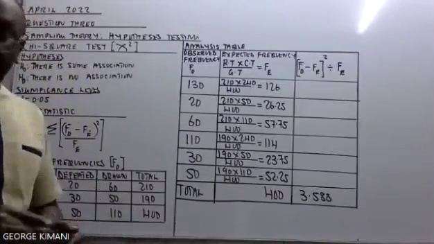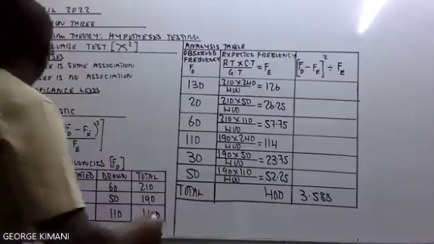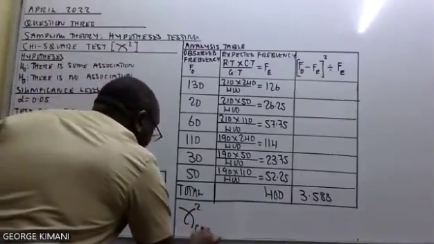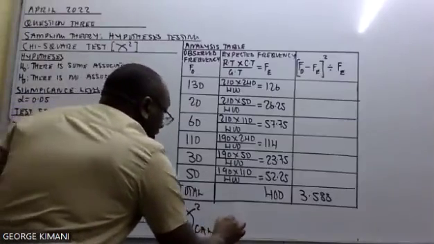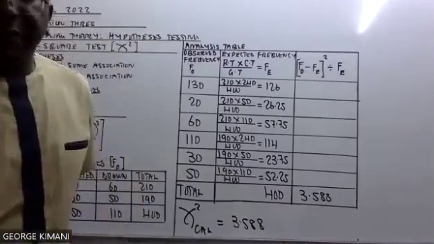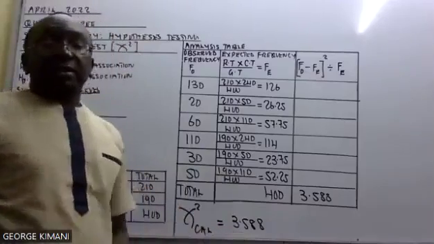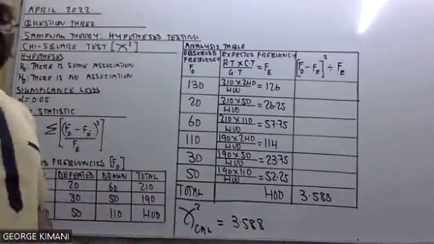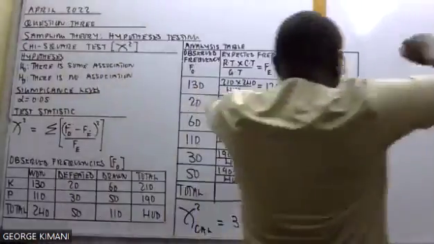So now you come here and tell us chi-square calculated is 3.588. Or if you have gotten a different one, you write your value there.